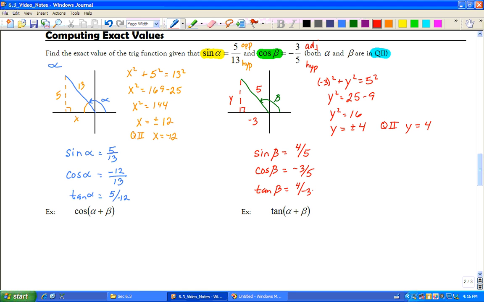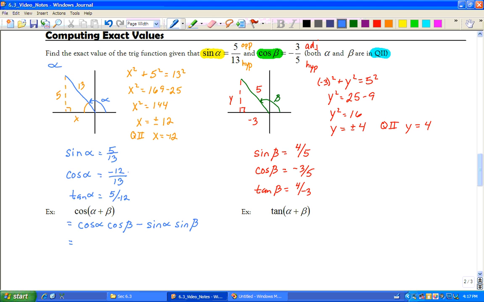Now we're going to look at what they're asking us to find, which in our first example is the cosine of alpha plus beta. Well, that's the cosine sum. So if we go back to our cosine sum identity, that's equal to cosine alpha cosine beta minus sine alpha sine beta. Well, now, since we have all these identities written out, we can just substitute in.